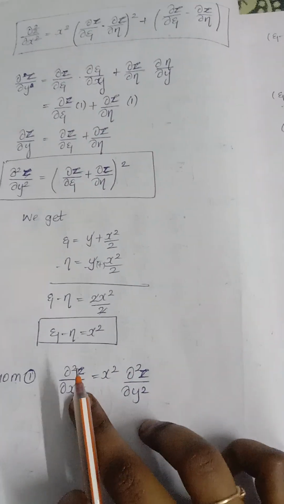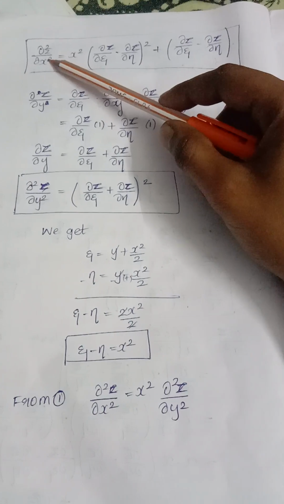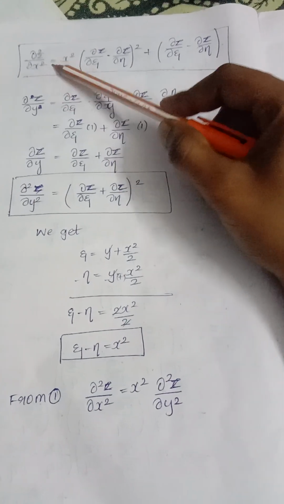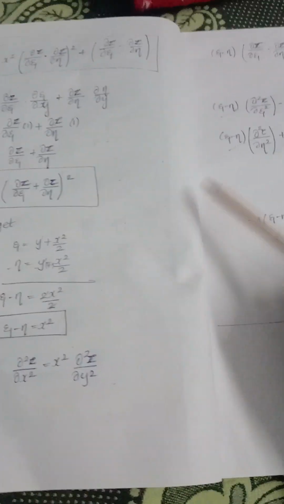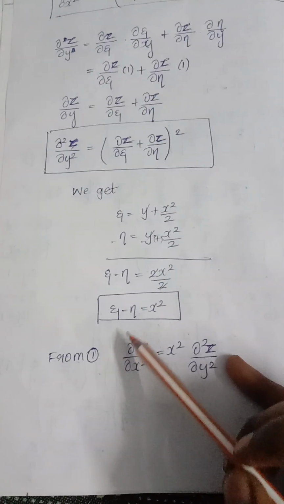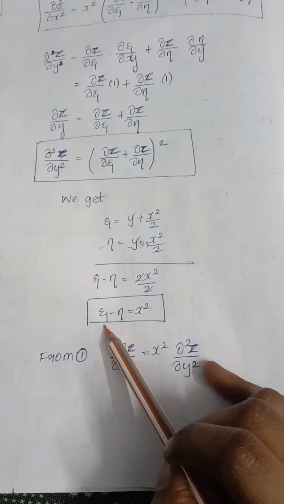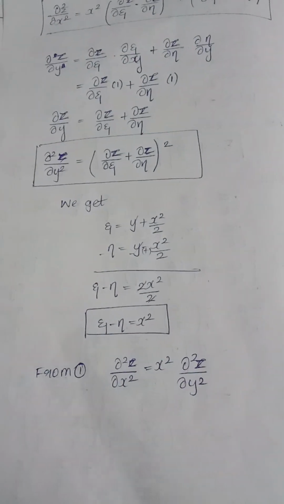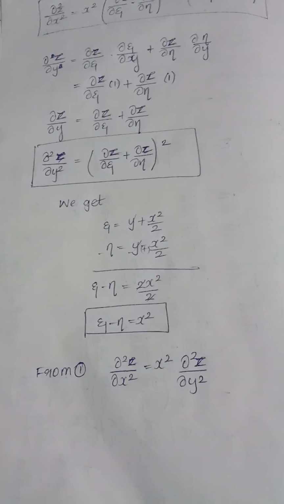So instead of that, we substitute the values we found for dou square zeta divided by dou x square and dou square zeta divided by dou y square. We substitute the terms as they are, and instead of x square we substitute xi minus eta, because in the canonical form we don't want the values of x and y.